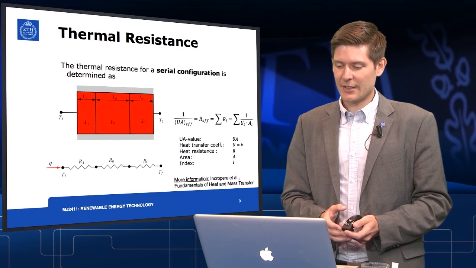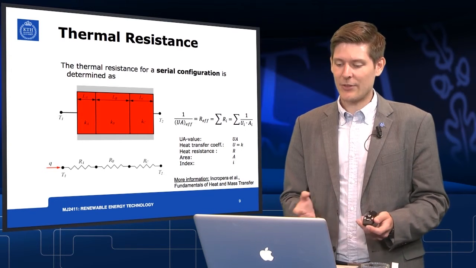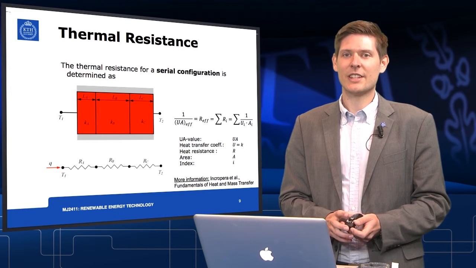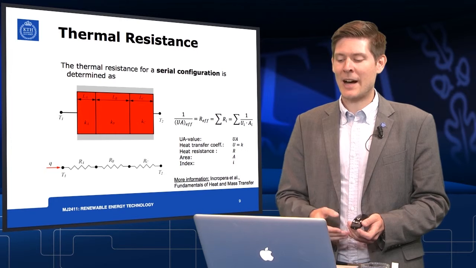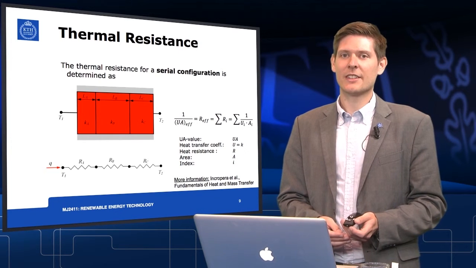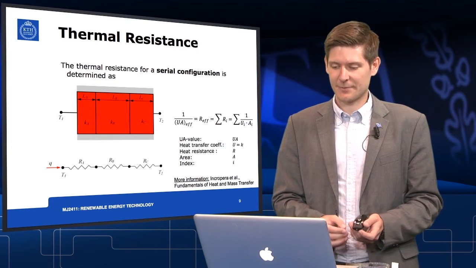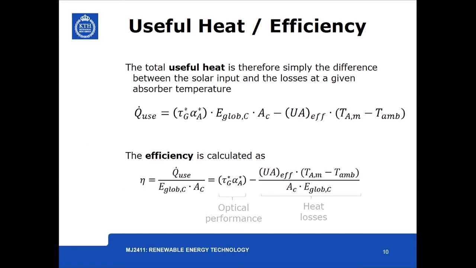We can see in the equation here that we have the product again of tau_g times alpha_A, the optical performance, minus the term on the right, which corresponds to heat losses. The useful heat of the solar collector can therefore simply be calculated as the difference between the solar input and the losses of the absorber.